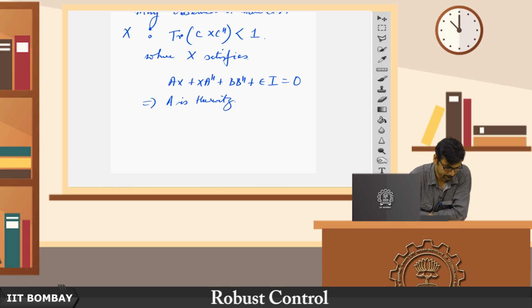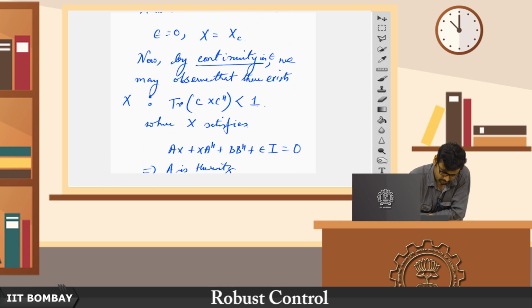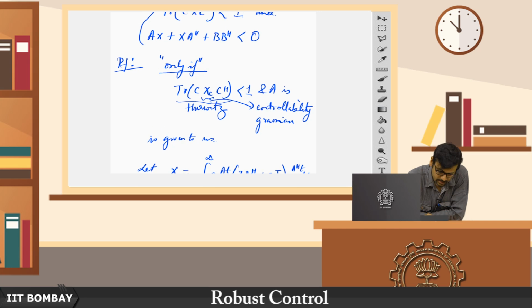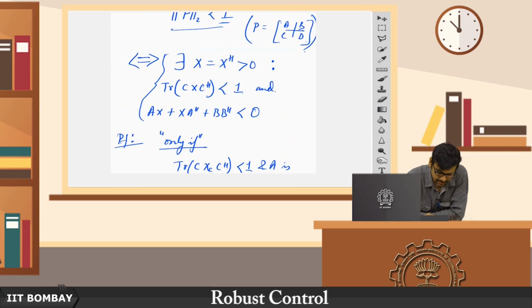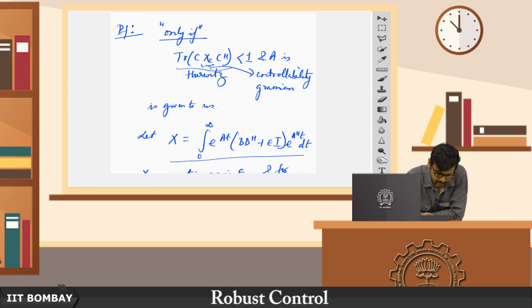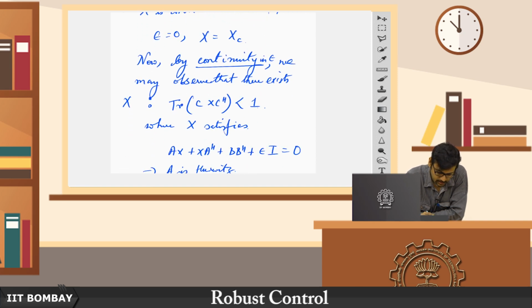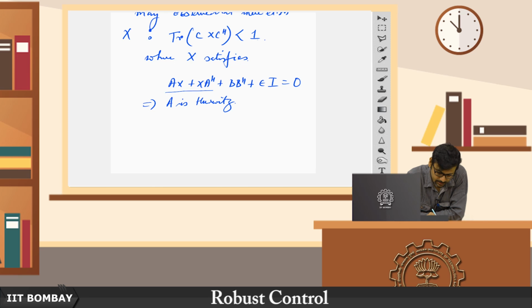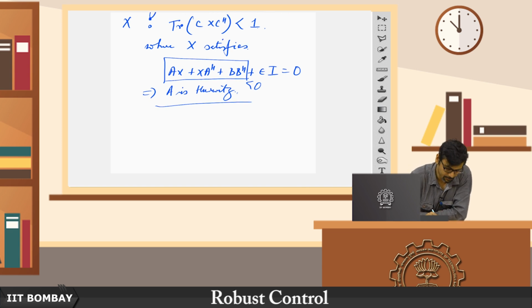Therefore, we are done. The moment you say that the H2 norm is less than 1 and that A is Hurwitz, this readily follows, and this part becomes negative definite for any small enough positive epsilon, because this is equal to minus epsilon I. So, you will agree that this is indeed the case. So, we are done with the only if part.